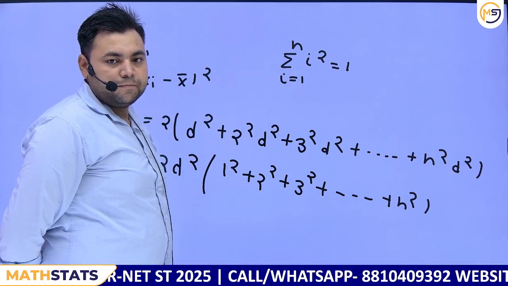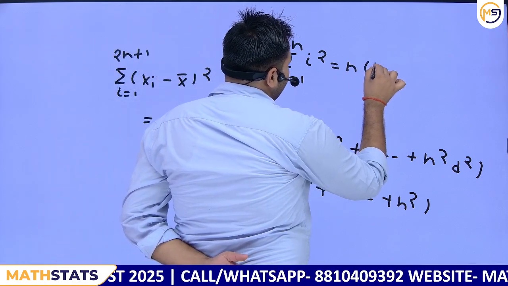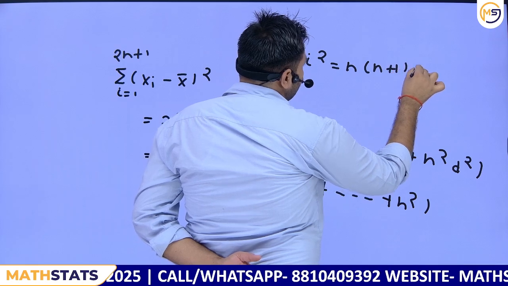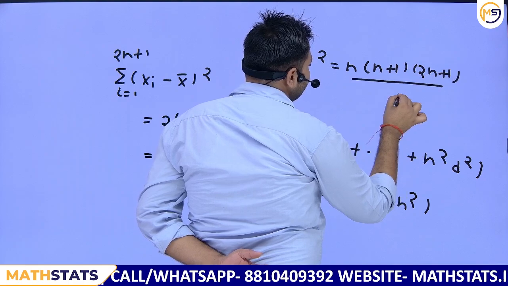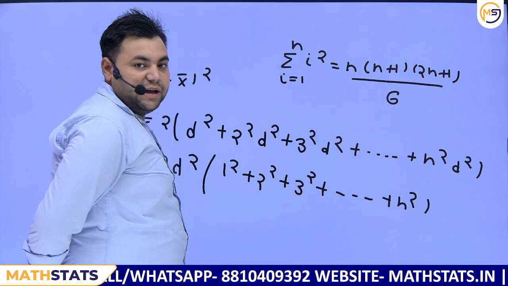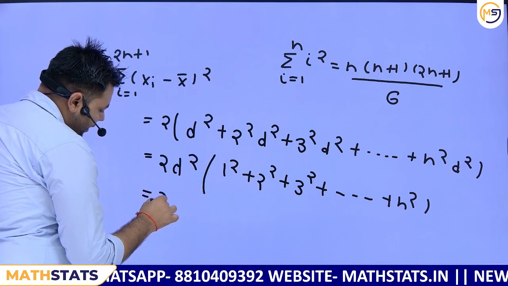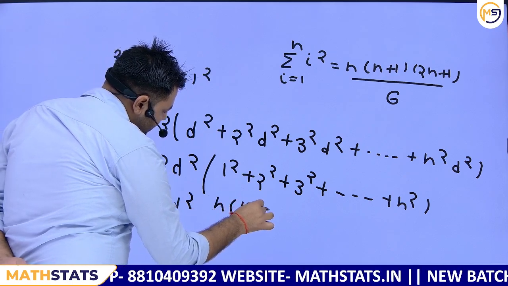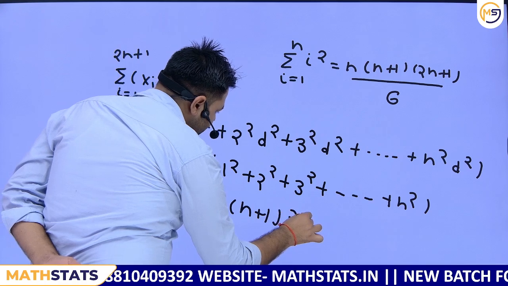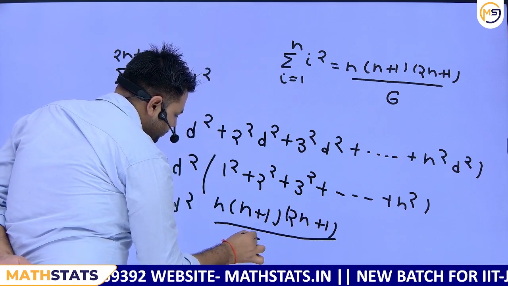n into n plus 1 into 2n plus 1 divided by 6, right? This is the value of this quantity. So now putting in the value, you will get 2n d square into n plus 1 into 2n plus 1 by 6, right?